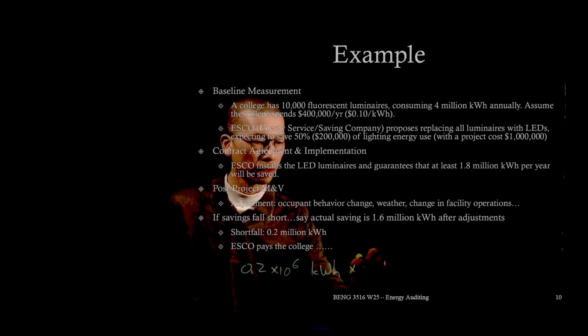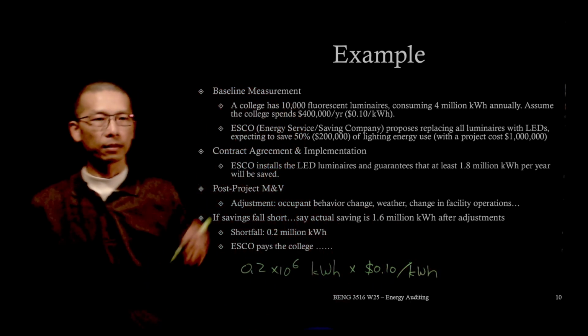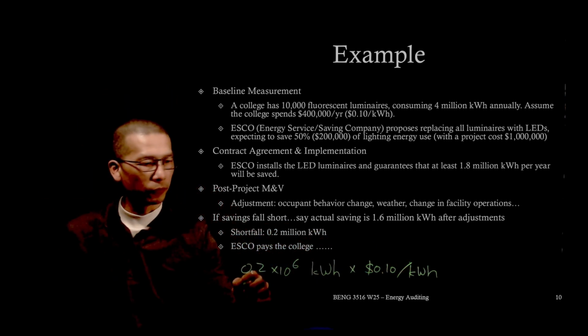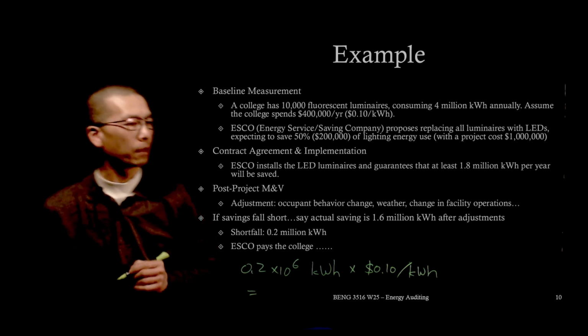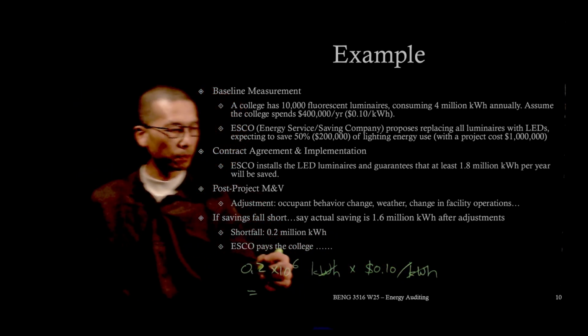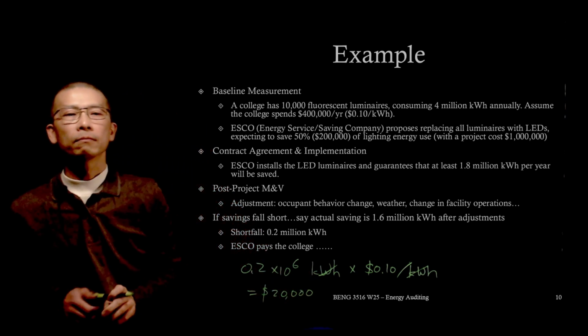Multiply by the cost per kilowatt hour, right? And I'm sure you can do this calculation here. If we do that, 0.2 million kilowatt hours, the cost would be $20,000. 20,000.